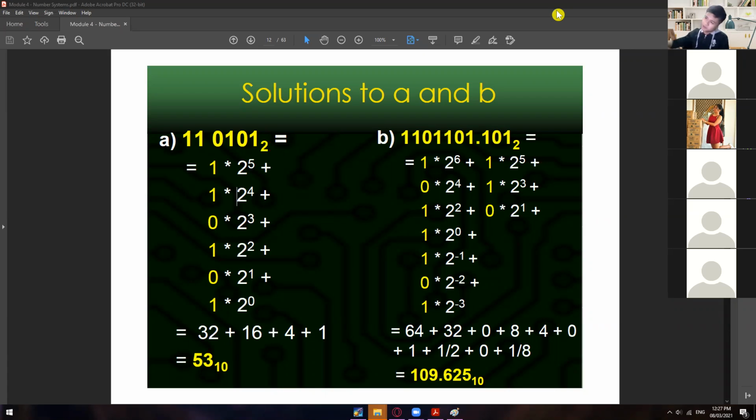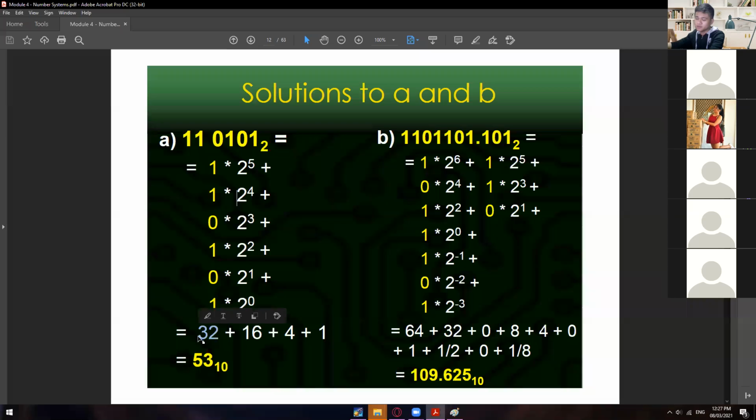Coming from Miss Jello, she said that she got 62. How come? We can actually check it right here, one by one. So 2 raised to 5 is 32. Could you please check that one? 2 raised to 4 is 16. 2 raised to 3 is 2 times 2 times 2, so this one should be 8.